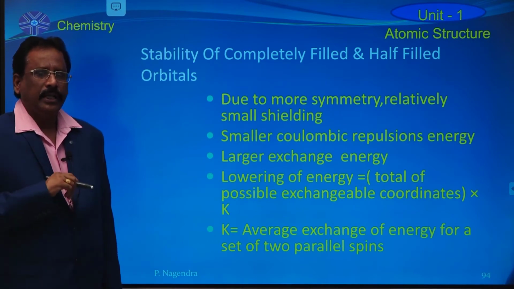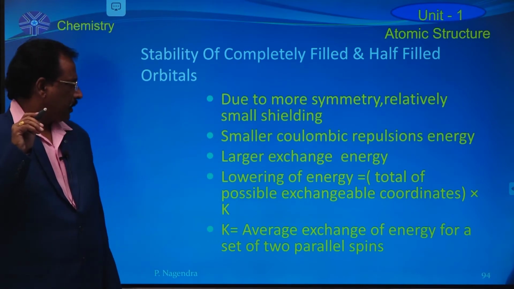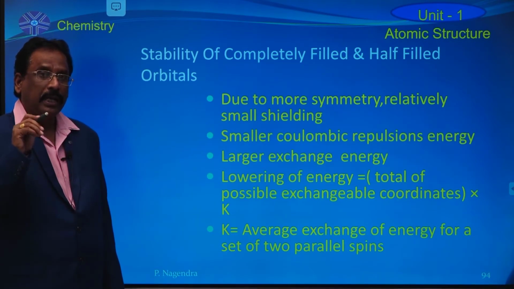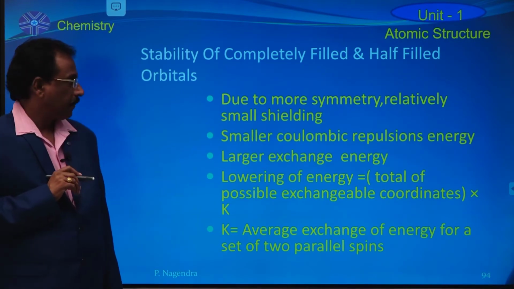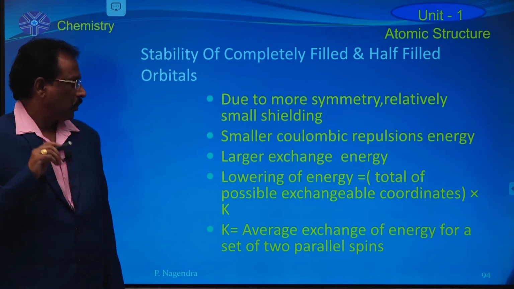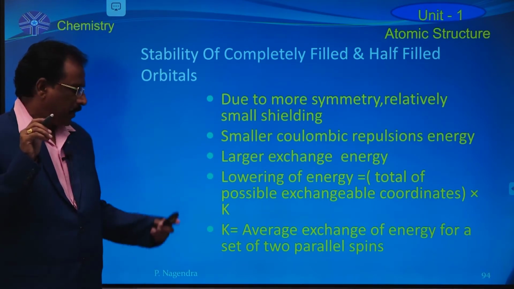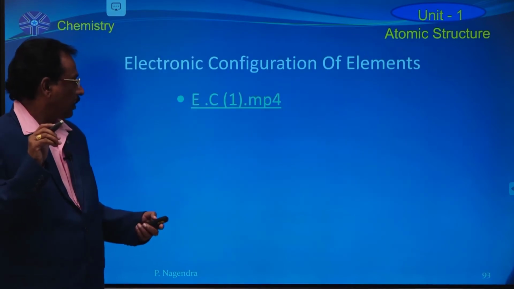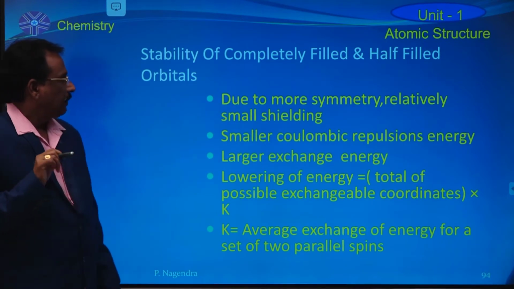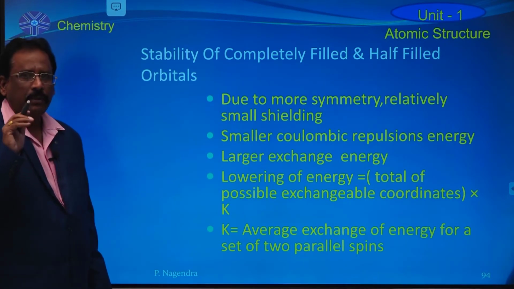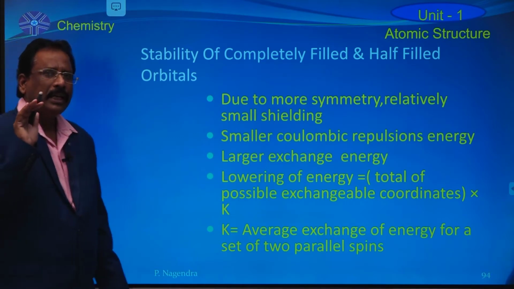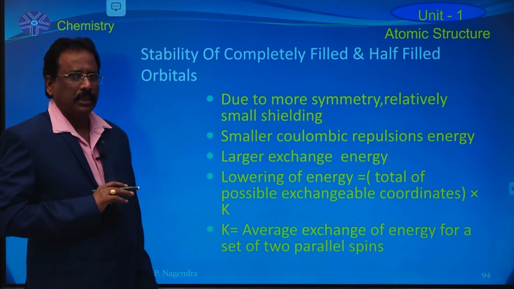But in the first transition series, some of the elements show abnormal electronic configuration due to this reason: completely filled and half filled orbitals are more stable than incompletely filled orbitals.